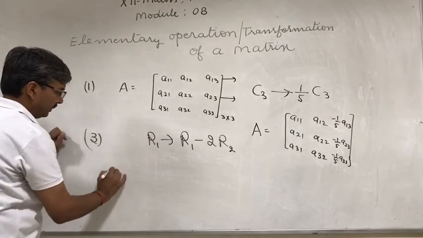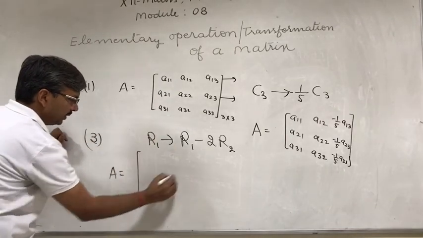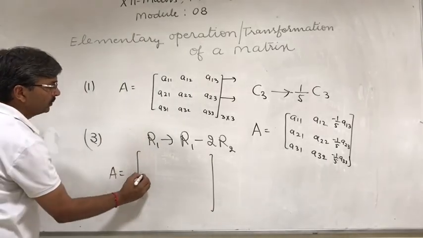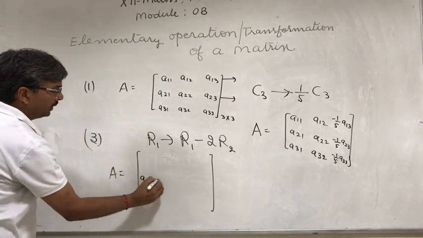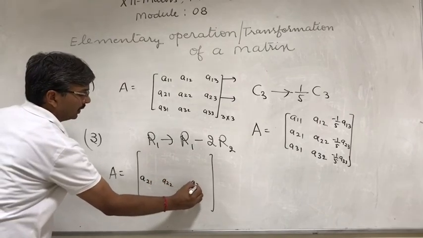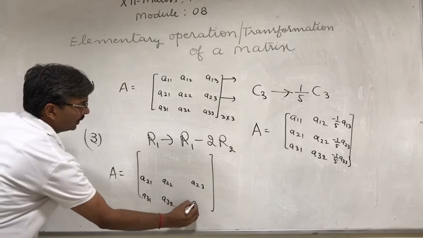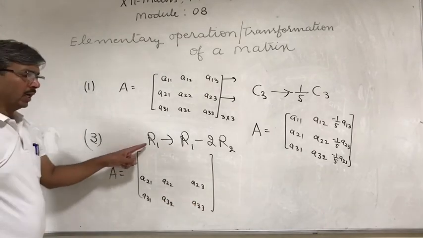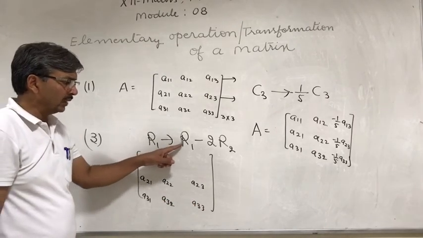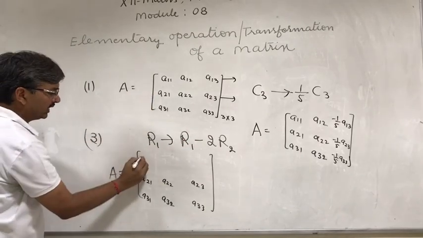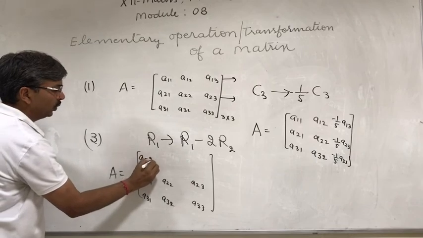This is matrix A. We are to change only R1. So R2, A21, A22, A23, A31, A32, A33. Now change R1. R1 change to R1 minus 2R2. This will become A11 minus 2 A21.